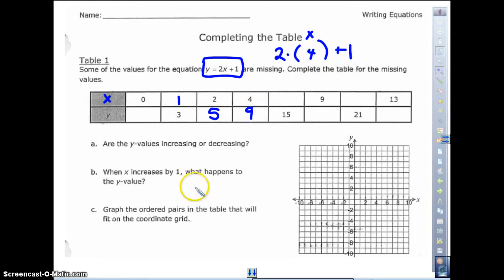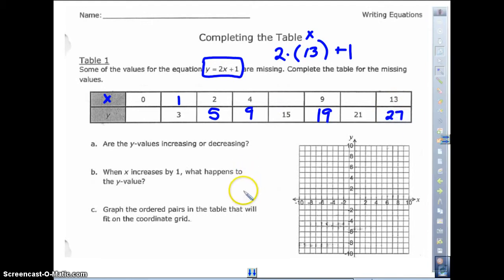All right. Let's go on down to 9. Let's skip that one little blank right there. Let's put in a 9 right there. 2 times 9 is? Plus 1 more. Okay. Let's put in a 13 right here. 2 times 13? Plus 1 more.